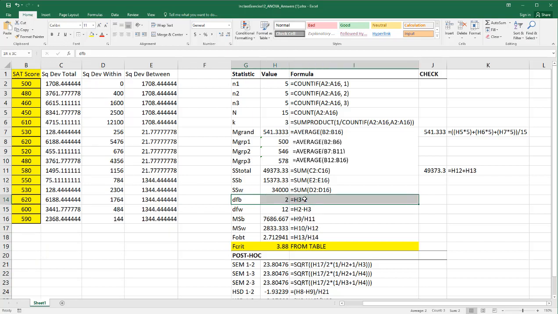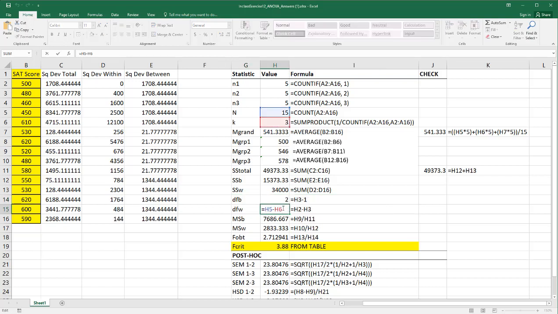With between and within degrees of freedom, the between is going to be k minus 1, and the within is going to be n minus k. So H2 is the total number of individuals. Sorry, again, I made some adjustments.